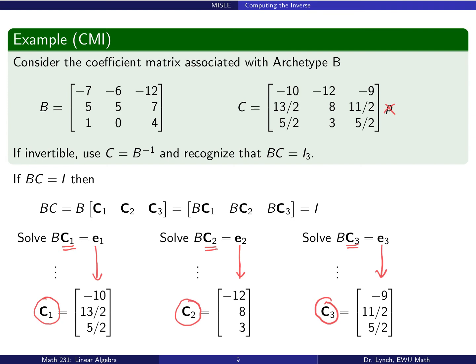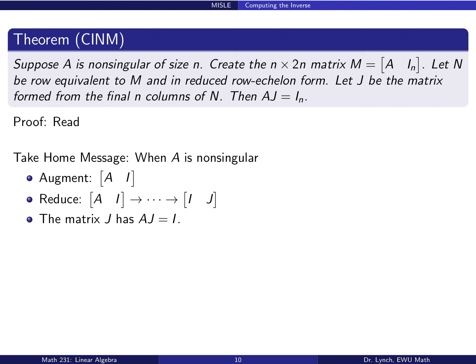As it turns out, this process always works, and when we say always, of course, there's a theorem. I'll have you read the proof, but we'll work on the take-home message. When a matrix is non-singular, one of the consequences is that we reduce to the identity matrix. What we do in practice is augment our matrix by the identity matrix and reduce it to reduced row echelon form.